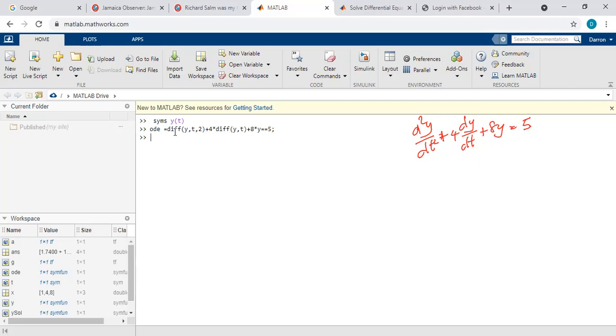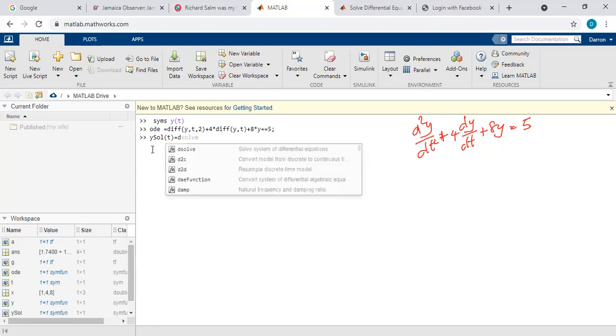Now we have to tell it to solve that differential equation. So we're going to say y equals dsolve, with respect to t. We're expecting to solve the differential equation, so we say dsolve. If we had a regular equation, we would put in solve.